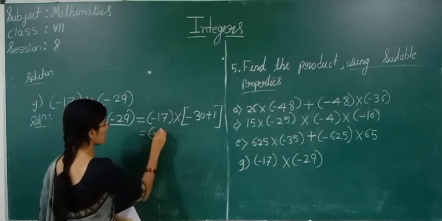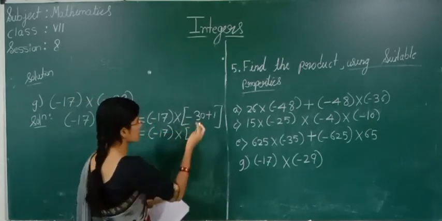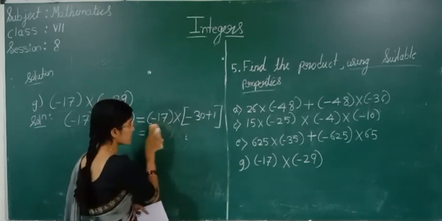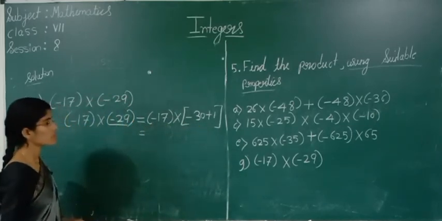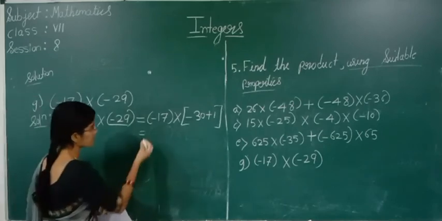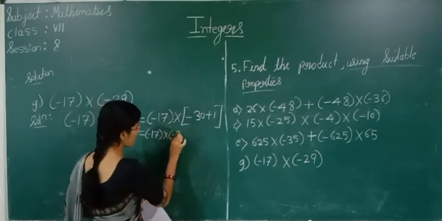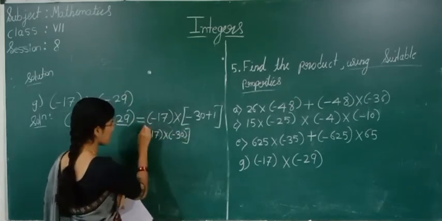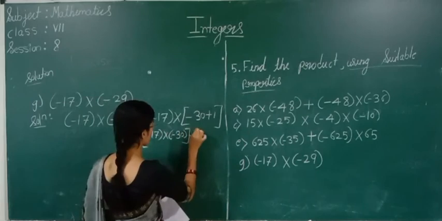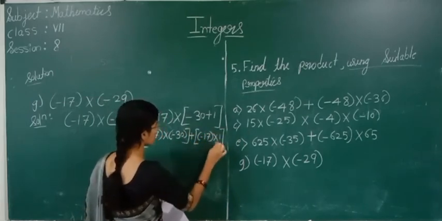That will become minus 17 multiplied by minus 30 plus 1. Now see students, which property we can use here? We can use here distributivity property. See here, minus 17 multiplied by minus 30, okay, plus minus 17 multiplied by 1.